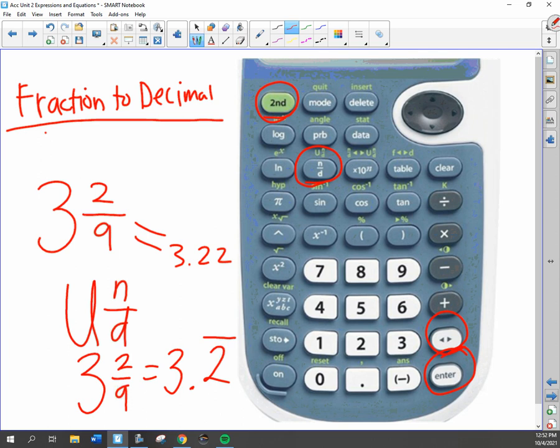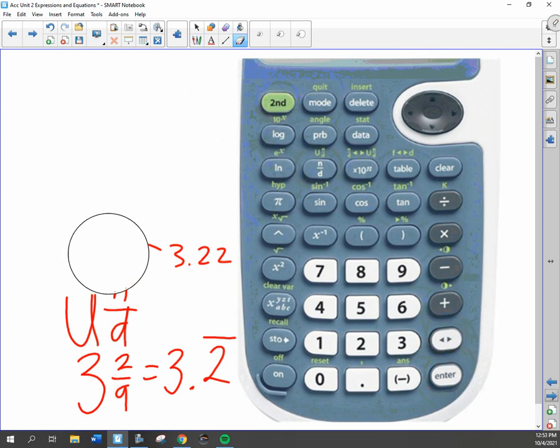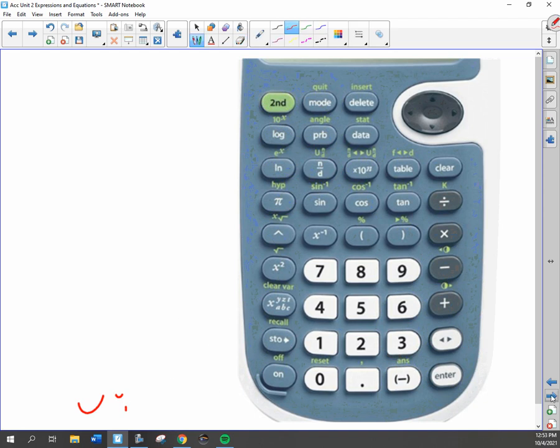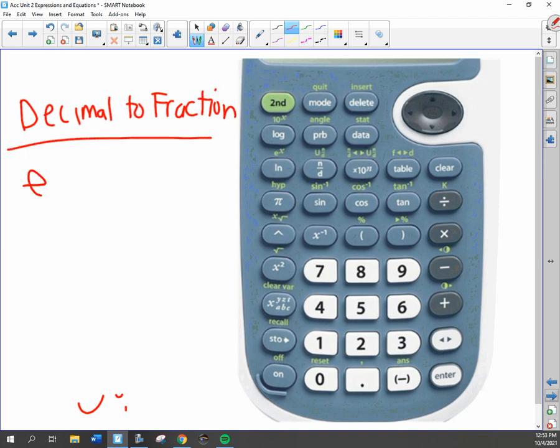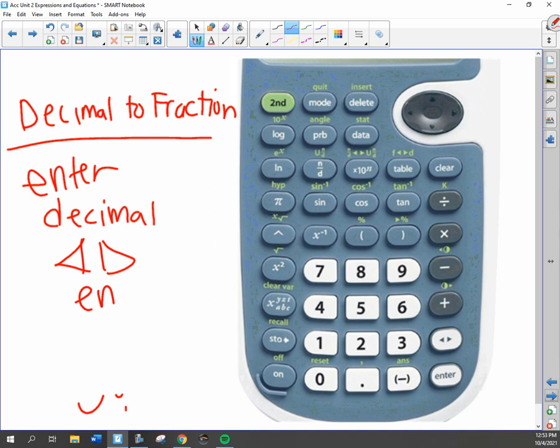Okay, now let's jump over to how do you do a decimal to a fraction on a calculator. So decimal to fraction. Decimal, 2 arrows, enter.